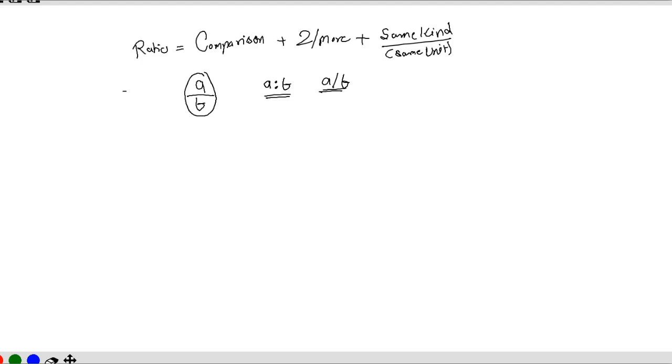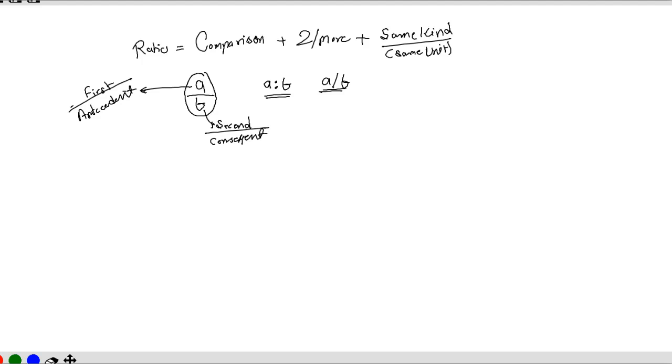Now, in a ratio of two quantities A and B, A is called the first term, and B is called the second term of the ratio. A जो फर्स्ट टर्म है उसको आप एंटीसीडेंट भी बोलते हैं, and B that is the second term उसको कॉन्सिक्वेंट भी बोलते हैं.